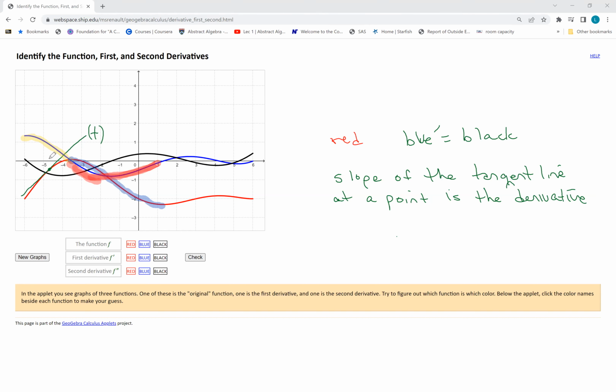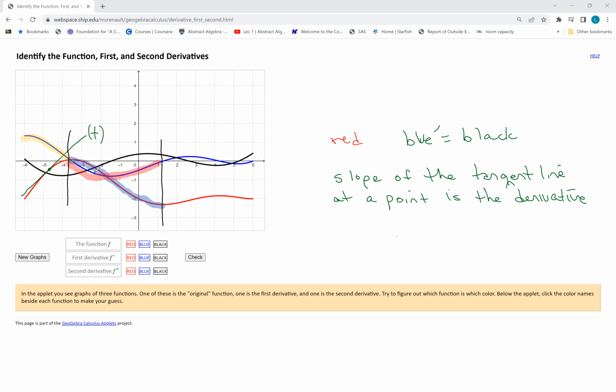That's where the blue line is negative. It's below the x-axis. So does that match up with my function? Yes, those are the exact places I expected them to be negative. So we said the slope of the red line is negative from here to here.